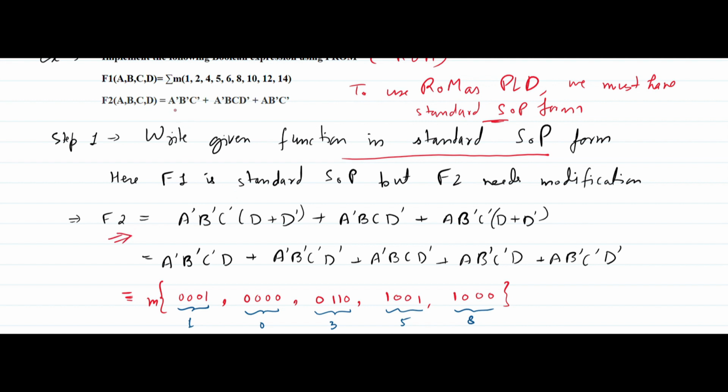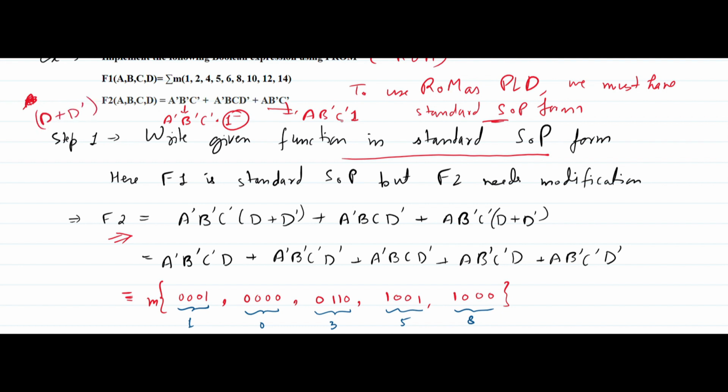F2 is given like this: A dash B dash C dash plus A dash B C D dash plus A B dash C dash. Now this A dash B dash C dash can be written as A dash B dash C dash into 1, and this can also be written as A B dash C dash into 1. Since D is missing, we will write this 1 as D plus D dash, and here also only D is missing, so we will write this 1 as D plus D dash.